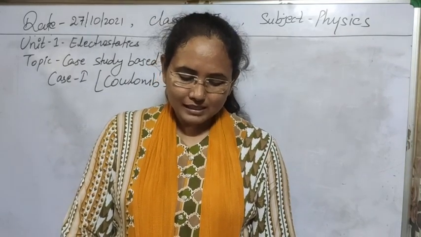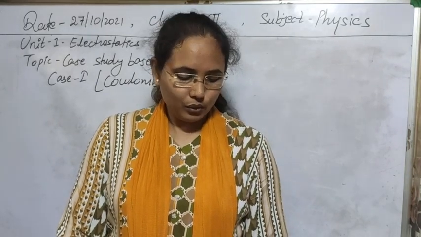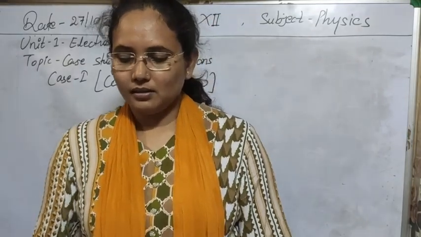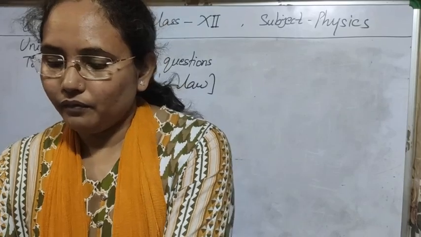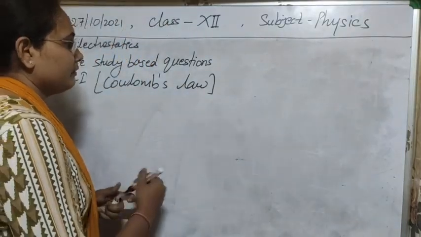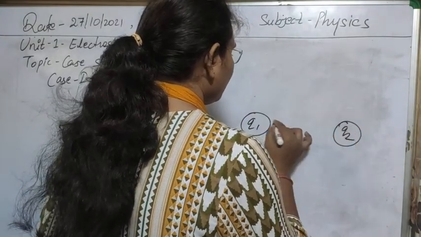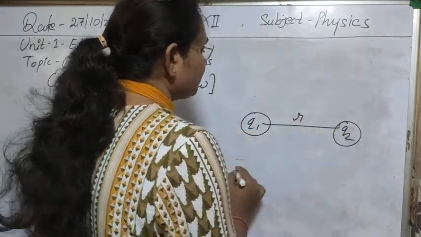So Coulomb's law is an electrical analog of Newton's law of universal gravitation in mechanics. A figure is given to us, where we have two charges, Q1 and Q2, separated by some distance r.